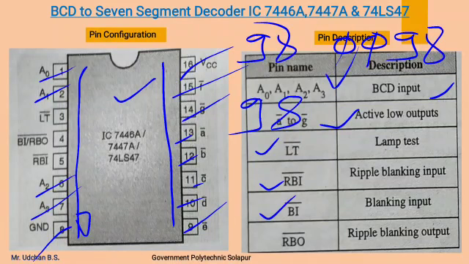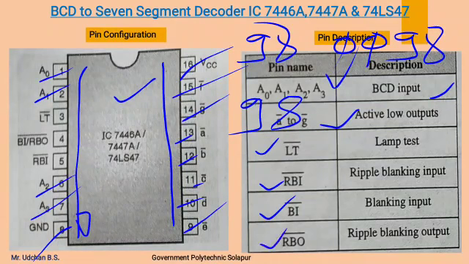Next is the blanking input pin. This is also an active low input pin. If it is connected to 0, then the display will be switched off irrespective of the BCD input. This feature is used in multiplex display in order to save power.